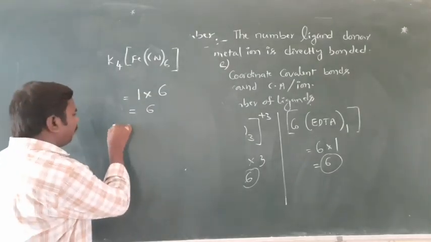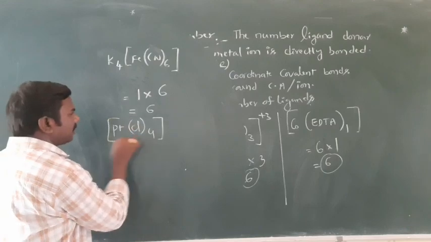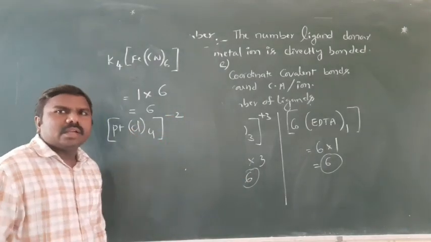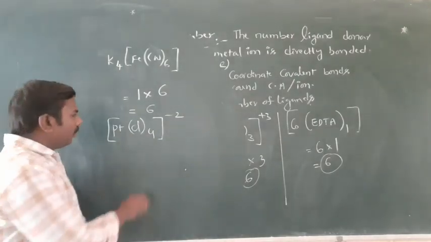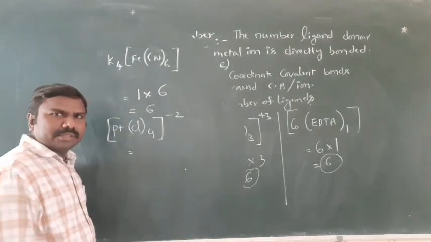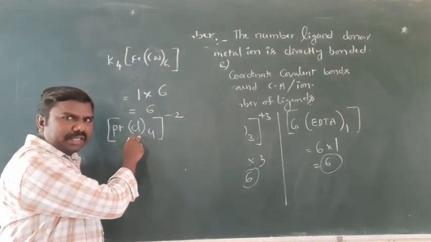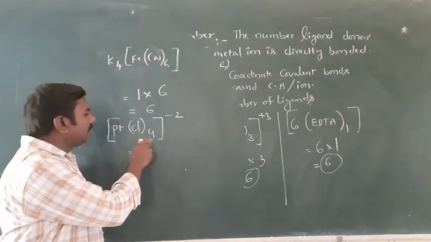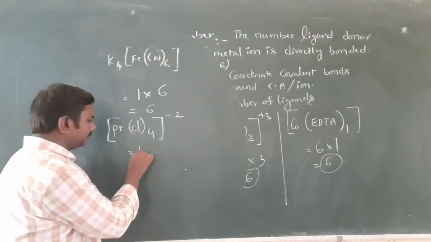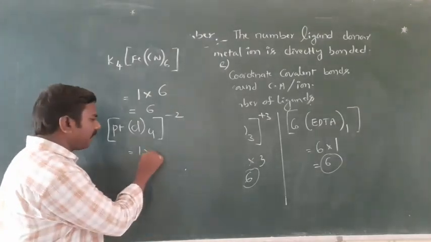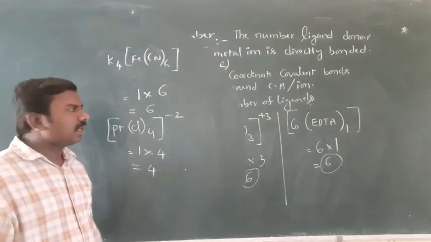Next one, [PtCl4]2-. What is the coordination number of platinum in this complex? Coordination number of platinum equals denticity of a single ligand into total number of ligands. Denticity of chlorine equals 1 because it is a unidentate ligand. Total number of ligands is 4. Then coordination number equals 4.